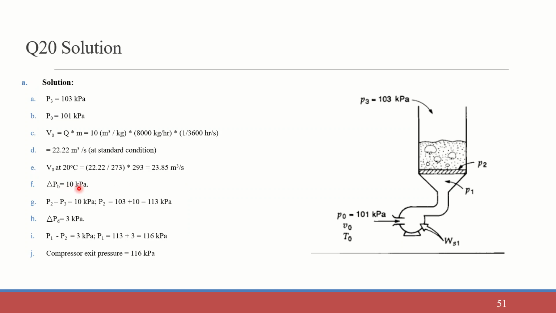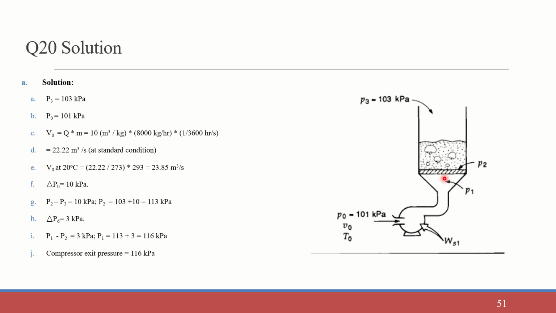Bed pressure drop is 10 kilopascal. P2 is unknown, but P3 is 103 kilopascal. We have a 10 kilopascal pressure drop from here to here. So what would be P2?